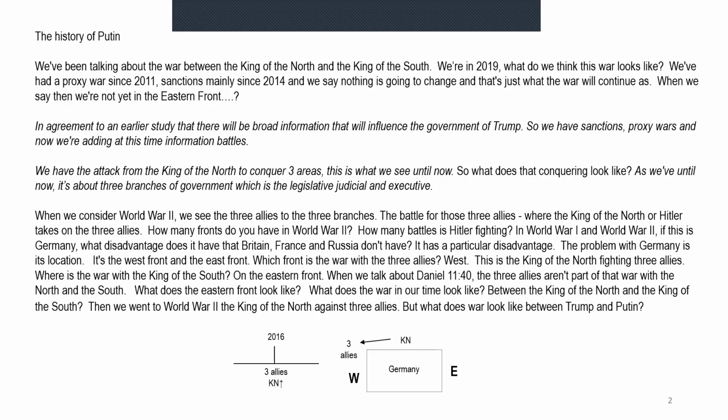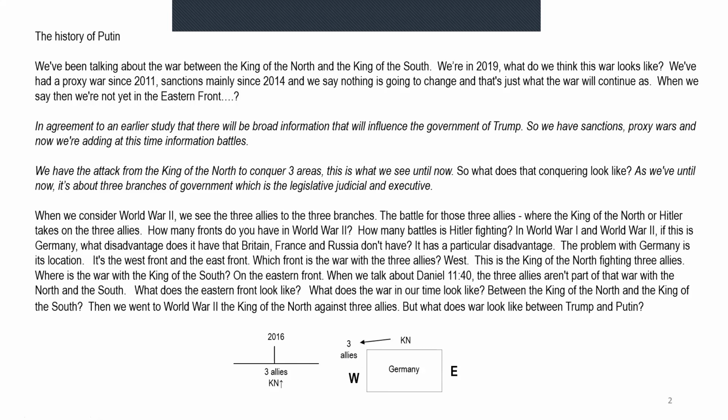In 2016, we have 3 allies. King of the North, then we have 3 allies next to that other line. It's Germany in the middle there, we can see. And then we have the allies to the west and to the east. The 3 allies in the West are Britain, France, and Poland. And East is Russia.